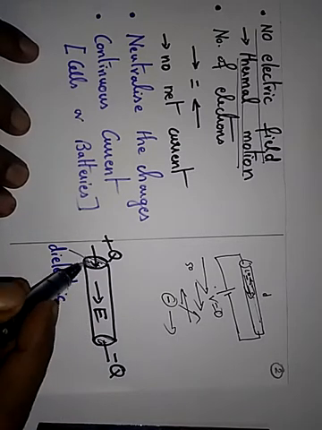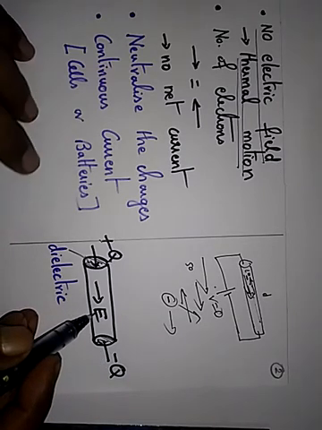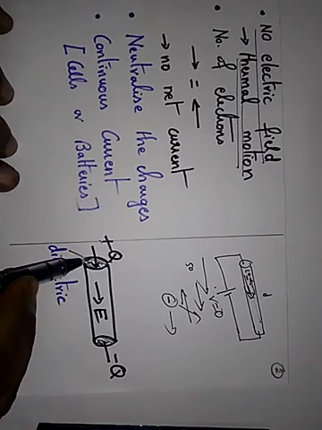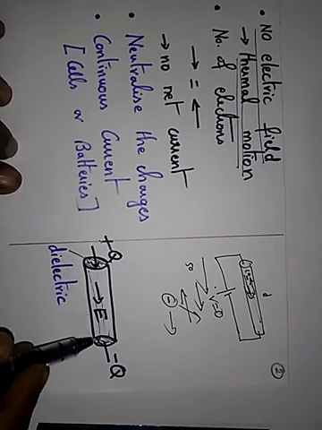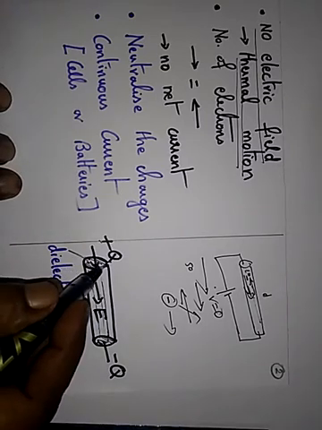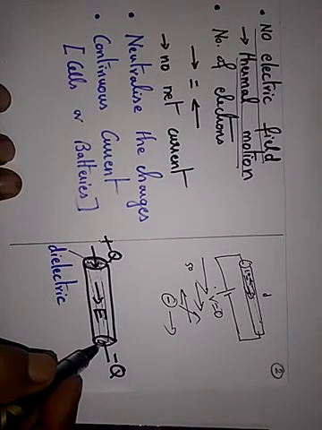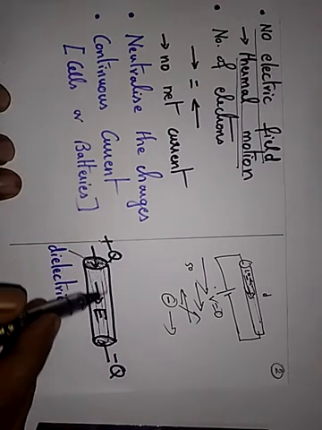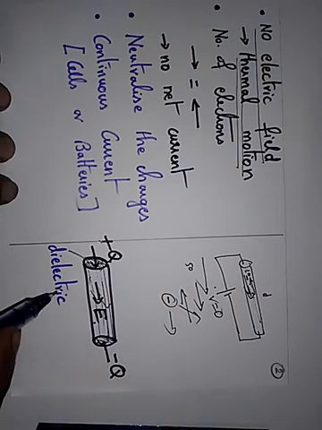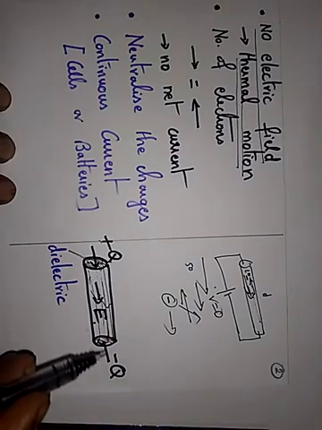This dielectric is charged with plus Q, and this dielectric is charged with minus Q. So the plus Q tries to neutralize the minus Q. Once it neutralizes, there is no current afterwards.